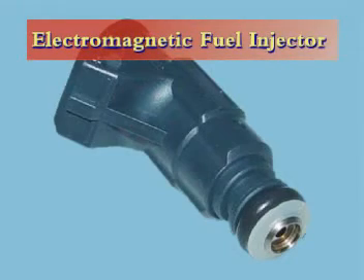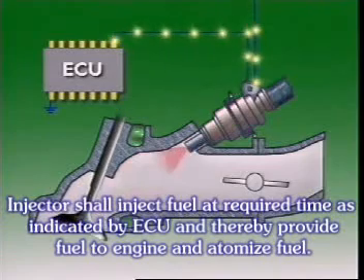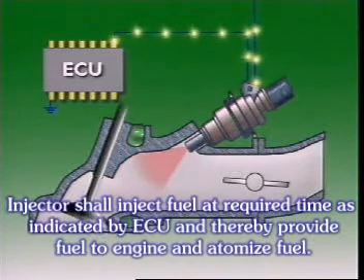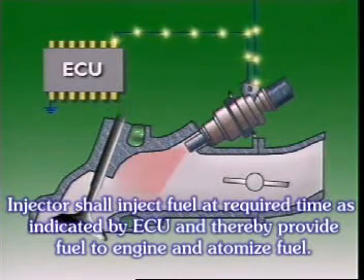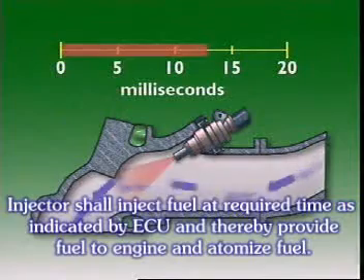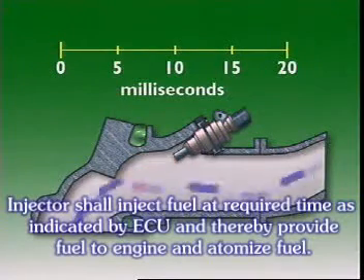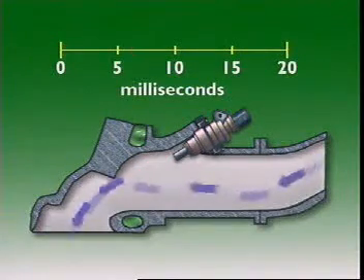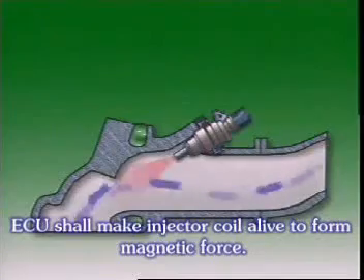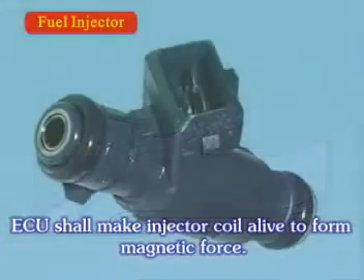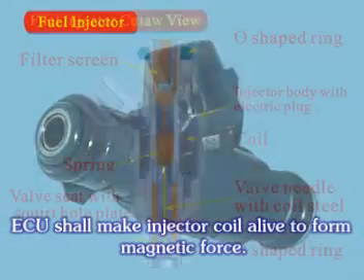Electromagnetic fuel injector. The injector shall inject fuel at the required time as indicated by the ECU, and thereby provide fuel to the engine. The ECU shall energize the injector coil to form magnetic force.